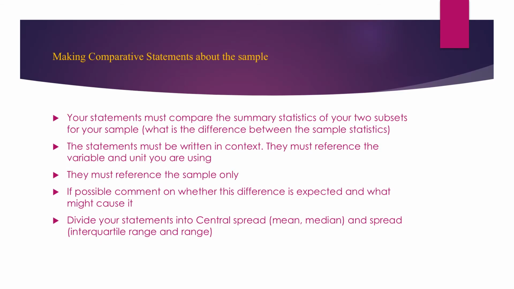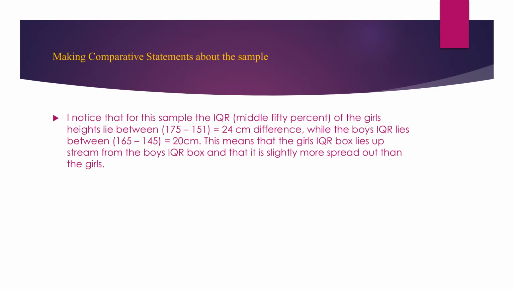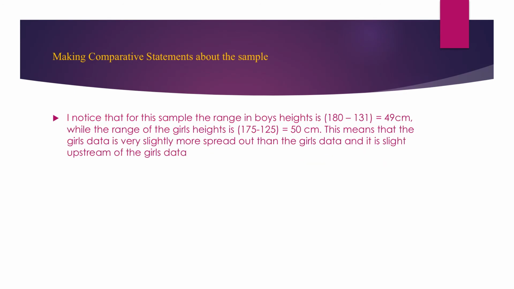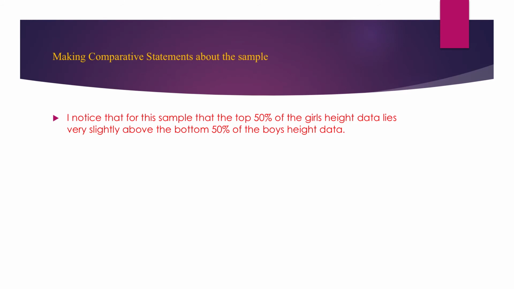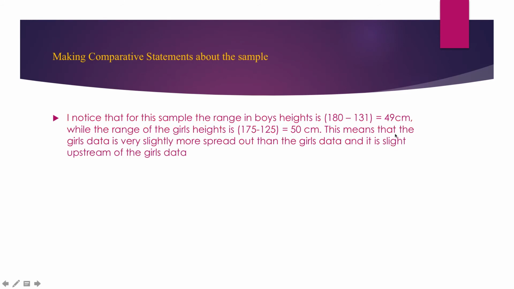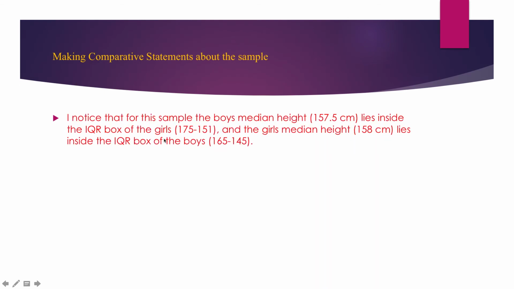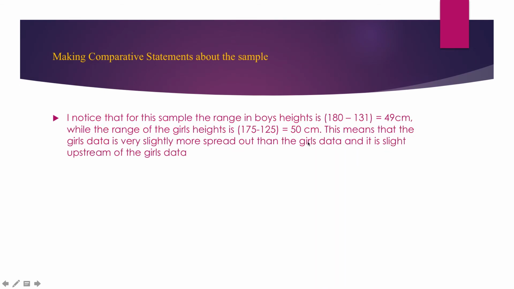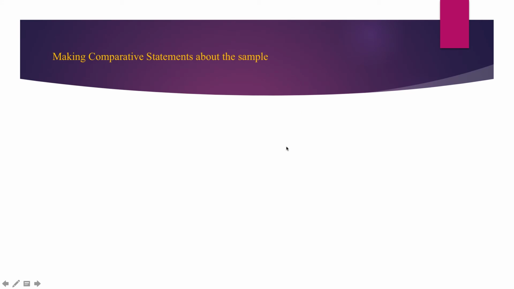So we can go and state that. So we've stated, I noticed that for the sample, the range of boys' heights is that, and while the range of girls' height is this, 50 centimeters, this means that the girls' data is very slightly more spread out, and that should be the boys' data there. That should be changed to boys.